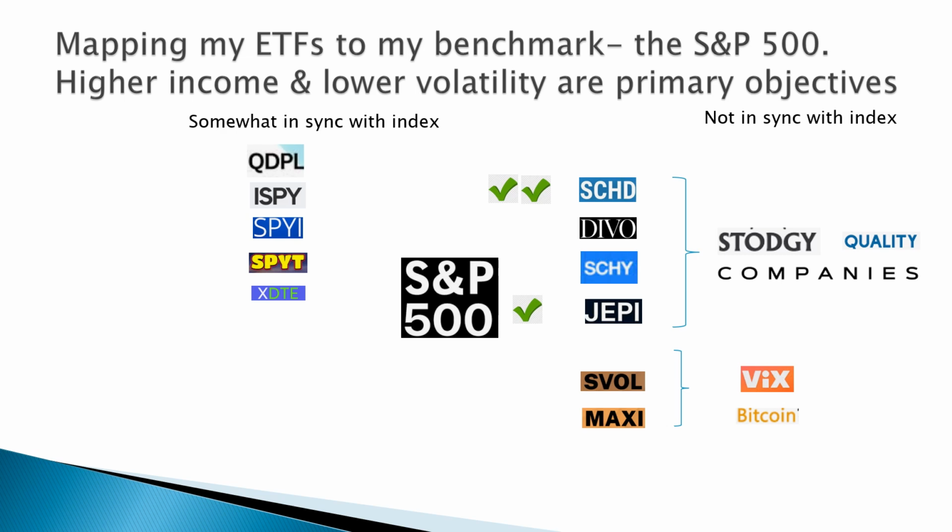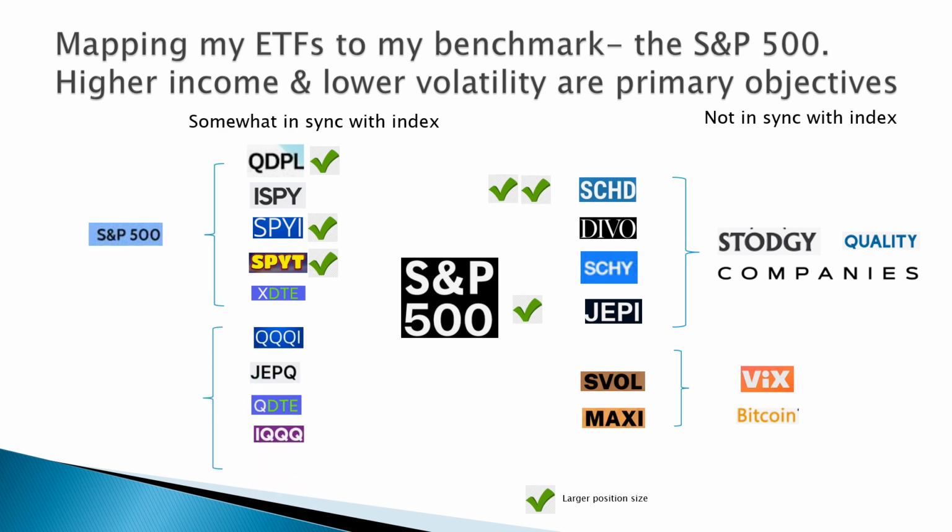So I'm just hedging there. These check marks tell you the ones where I'm building up pretty good size positions. And by good size, I'm talking somewhere in the range of 2.5, 5, 7.5, even 10%. Like QDPL, for example, will end up being a 10% holding.